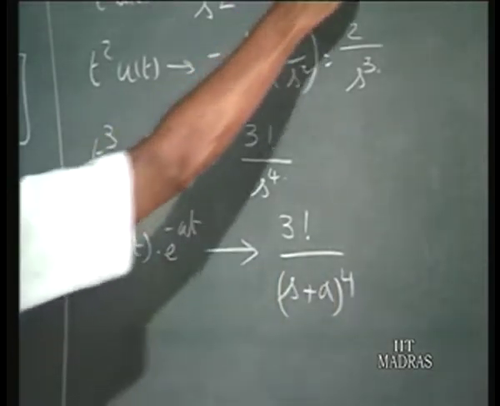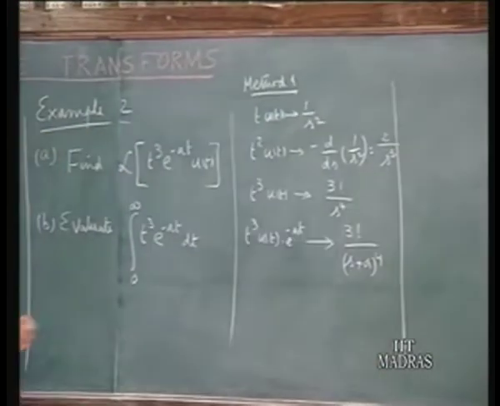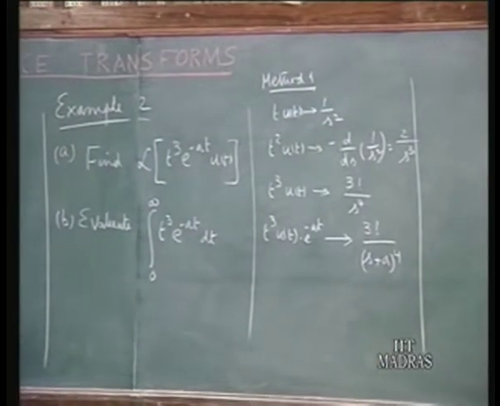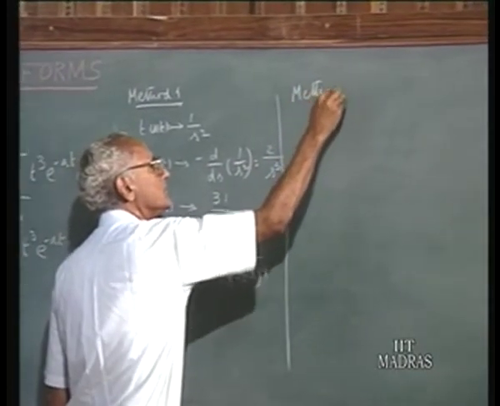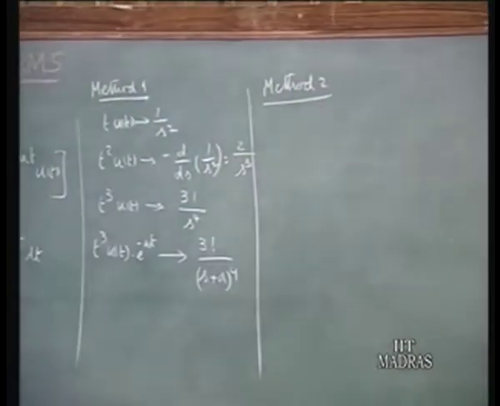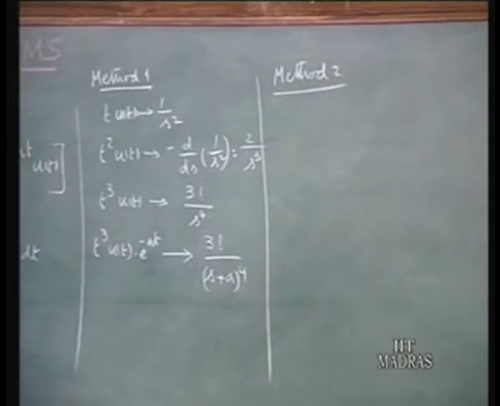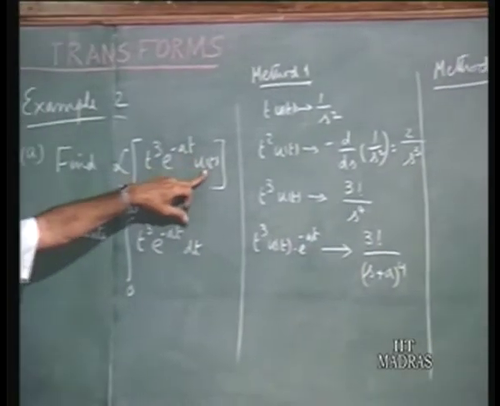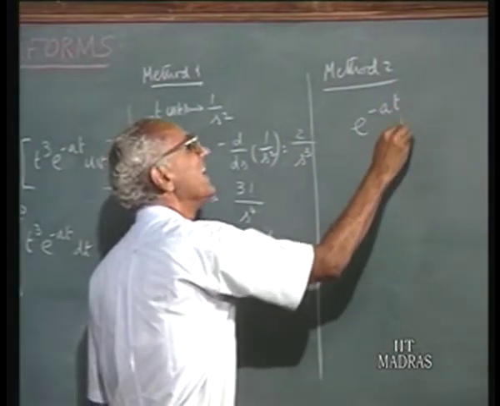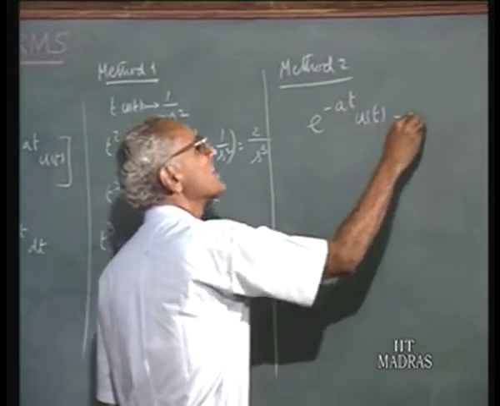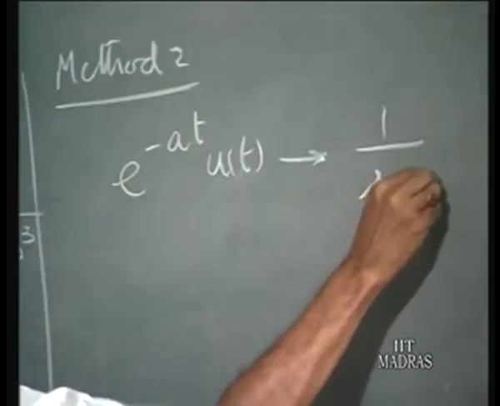Now, let us do this by taking another approach, method 2. Let me start with the Laplace transform of e to the power of minus at u(t). So, e to the power of minus at u(t) has the Laplace transform 1 over s plus a.